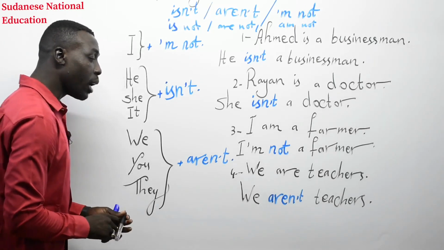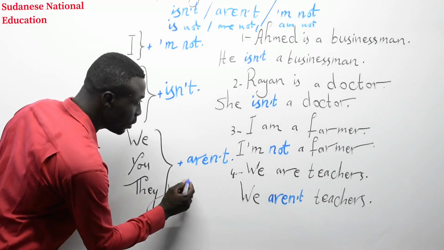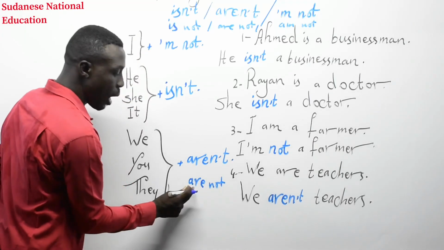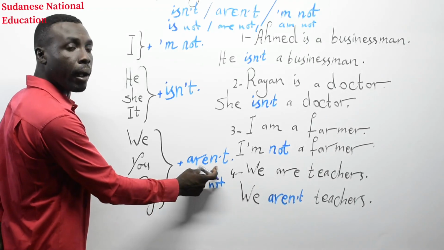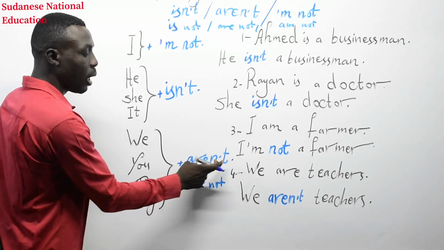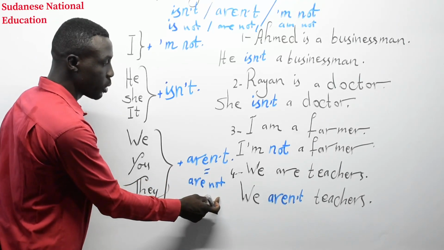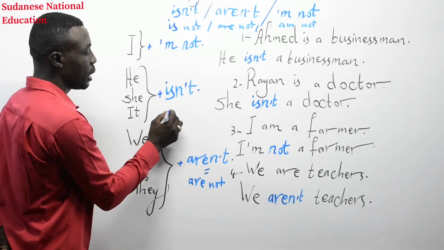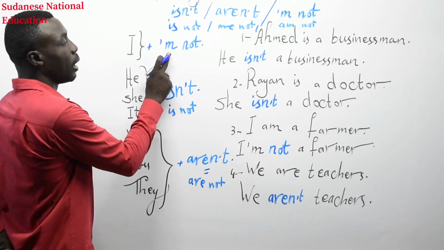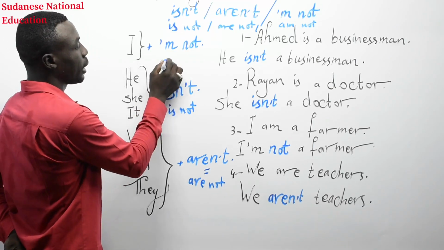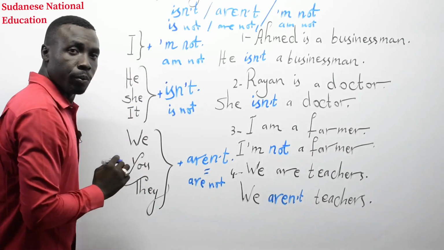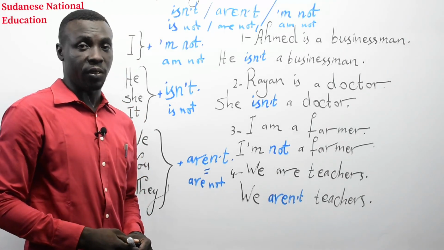When we say aren't, it's a contraction of are not. Isn't is is not. And I am not. So this is how you make a negative sentence.